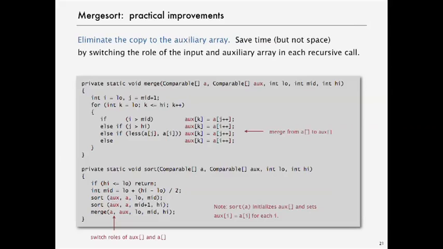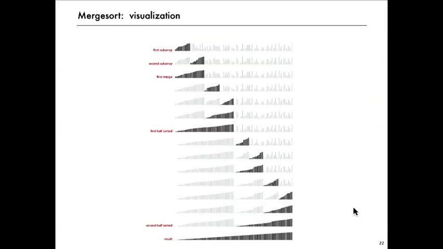You still need that array, but you can set up the code in this way: to sort an array, put the result in the other one. To merge an array, put the result back in the first one. So it's a recursive argument switchery to get the job done. And it's effective. It means you don't have to actually move items, and that saves a little bit of time.